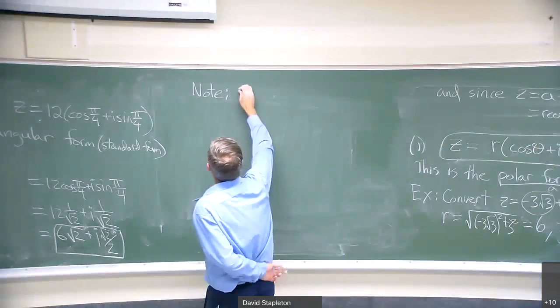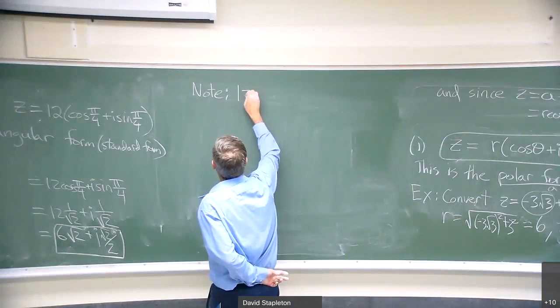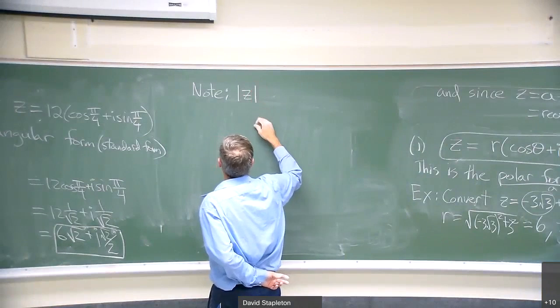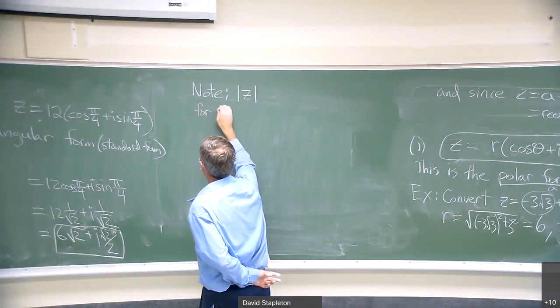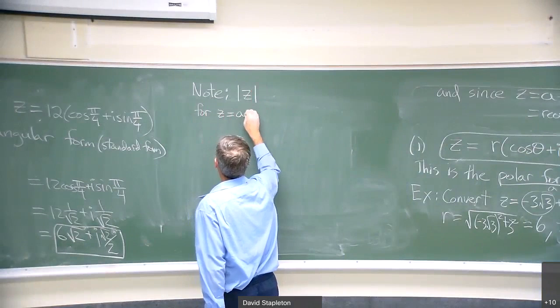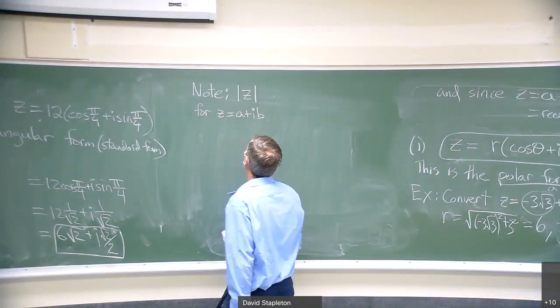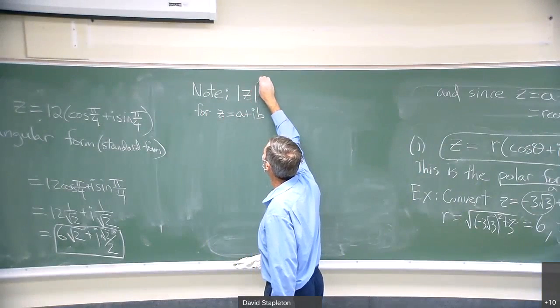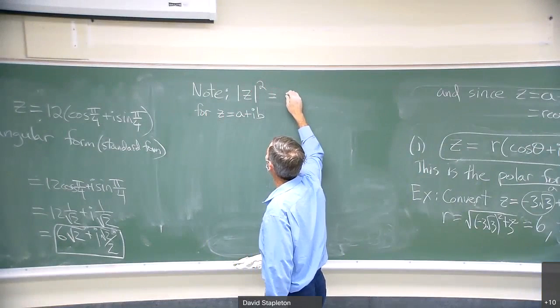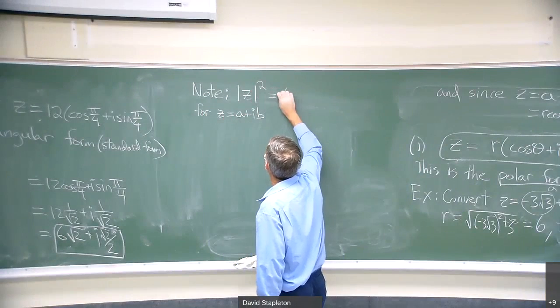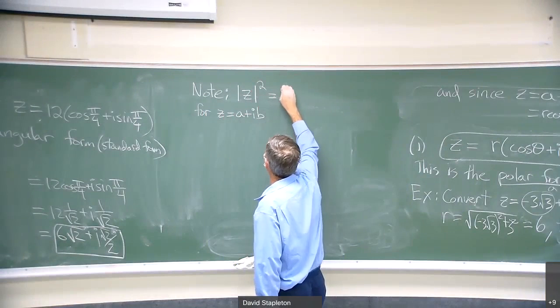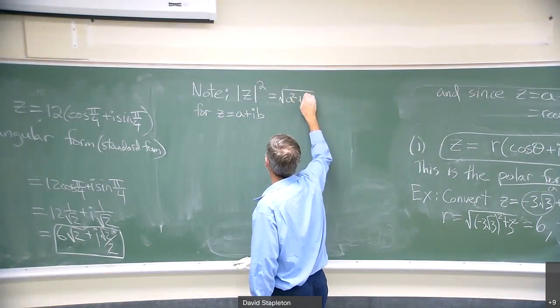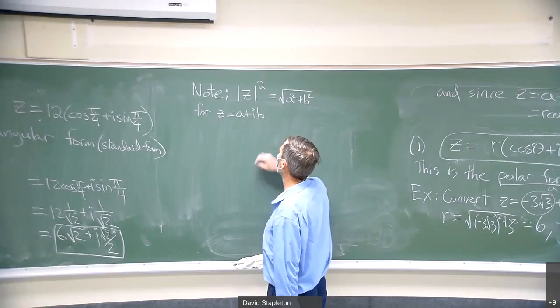If you take the absolute value of any complex number z given as a plus ib, and you square it, what do you get? Well, the absolute value is the square root of a squared plus b squared. That's the way we define it, so it's this distance from the origin.